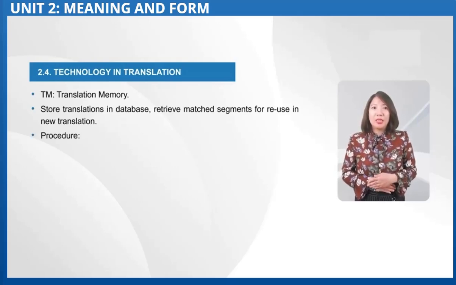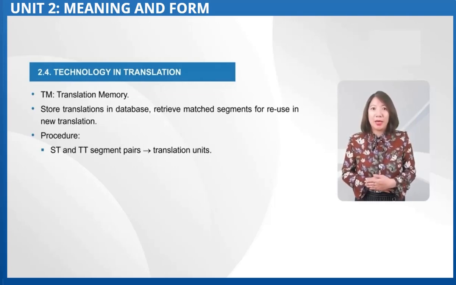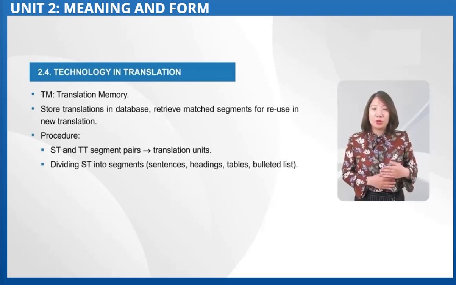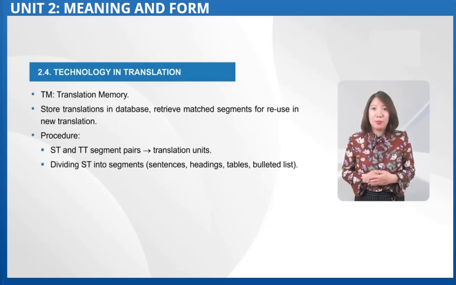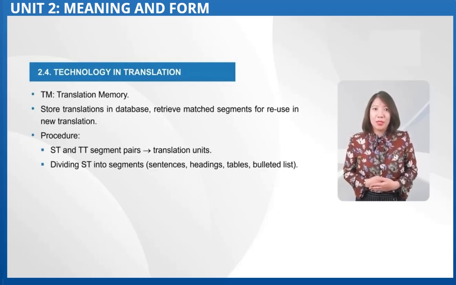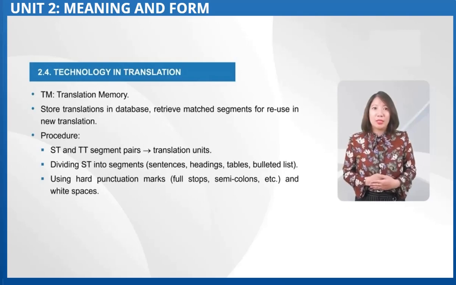It works based on the matching of the source text and the target text segment pairs, which we call the translation units. So firstly, the tool will divide the source text and the target text into segments like sentences, headings, tables, bulleted list. It uses hard punctuation marks like full stops, semicolon, etc. and white spaces.